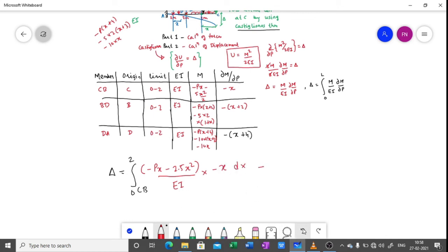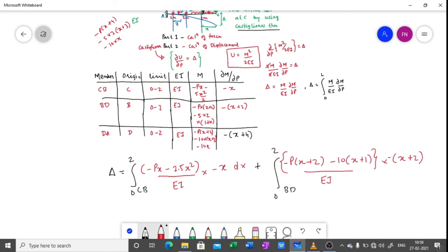plus, now member BD. For member BD, the limit is 0 to 2. M is, you can write this value of M, minus P into x plus 2 minus 10 into x plus 1, divided by EI into dou M by dou P of member BD, which is minus x plus 2.